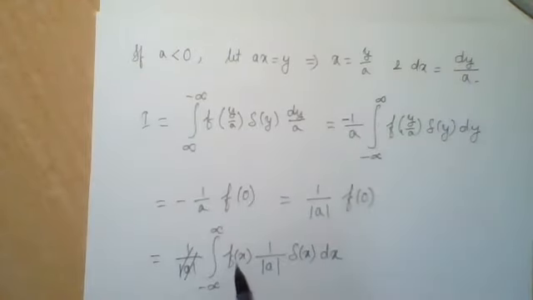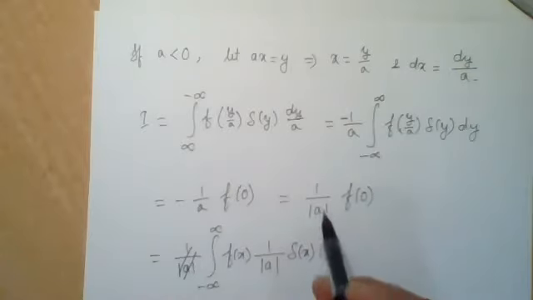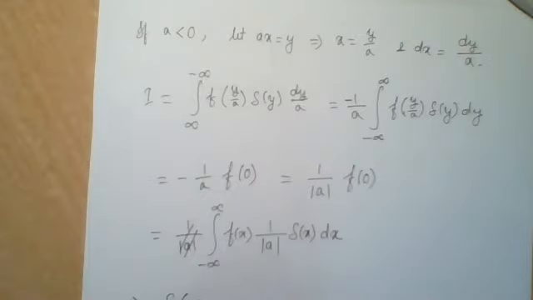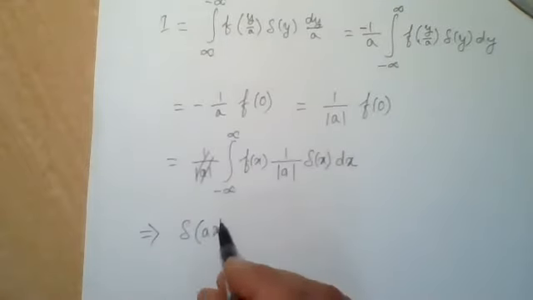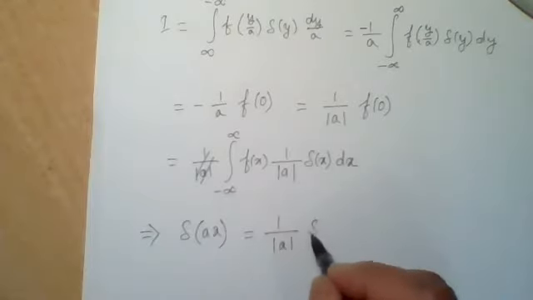F of 0 is the integration f of x delta x dx, and 1 by modulus of a I have taken inside. So this implies delta of ax is equal to 1 by modulus of a delta x.